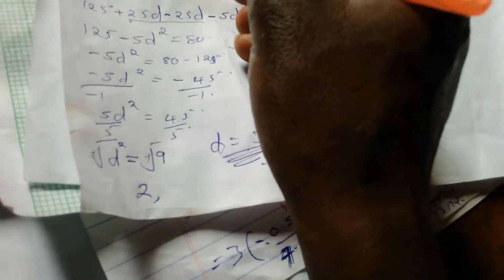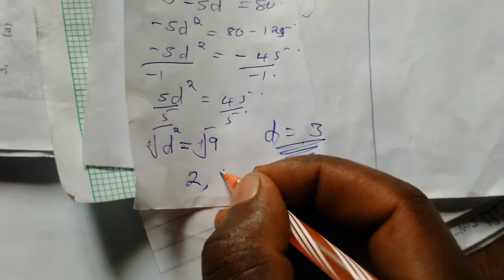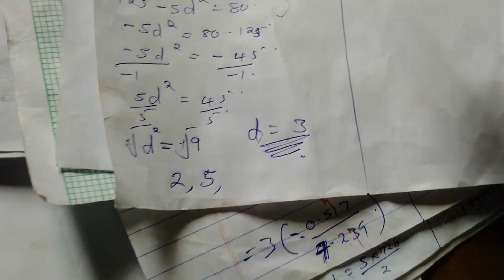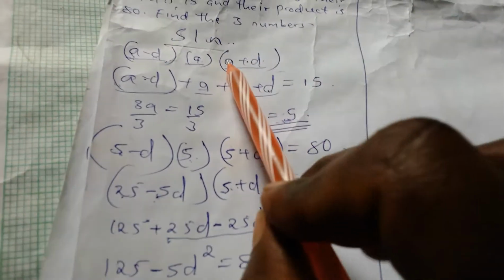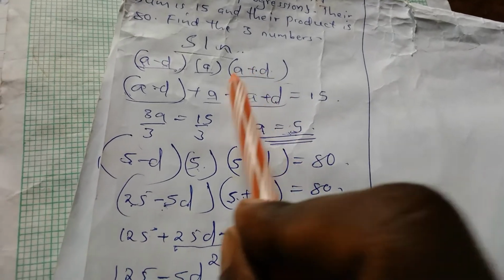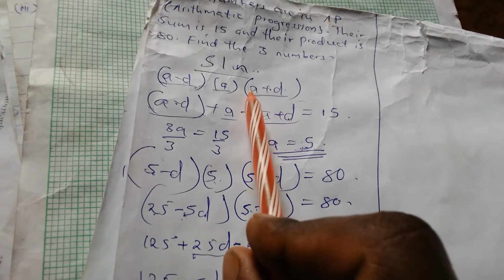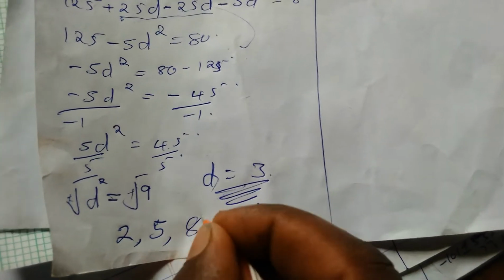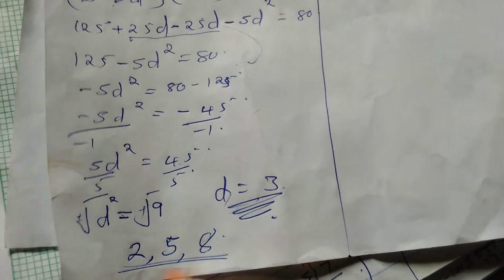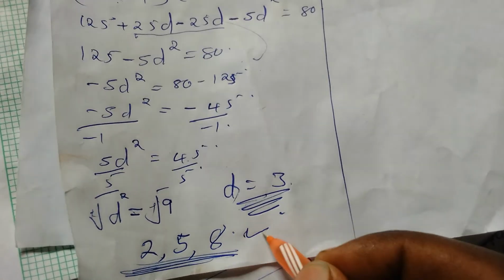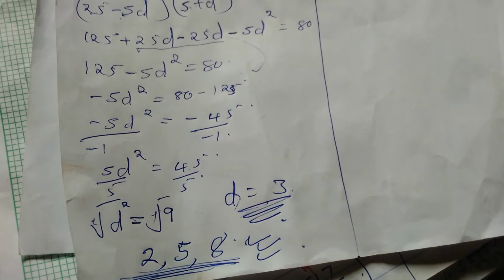The second is A, which is 5. And then the other one here is A plus D. A is 5, plus D, 5 plus 3, 8. So you have your three numbers as 2, 5, and 8.